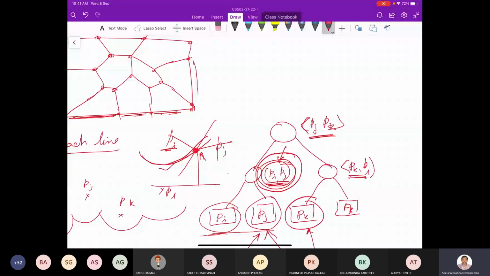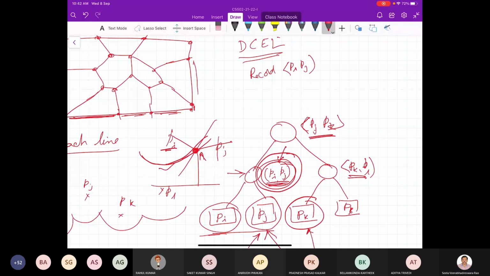Here, the internal node corresponding to this beach line is this sort of Voronoi edge, the Voronoi edge corresponding to the bisector of Pi, Pj. So you have a doubly connected edge list. In this one, the record corresponding to the bisector between Pi and Pj, this edge, will have one cross pointer to this one.